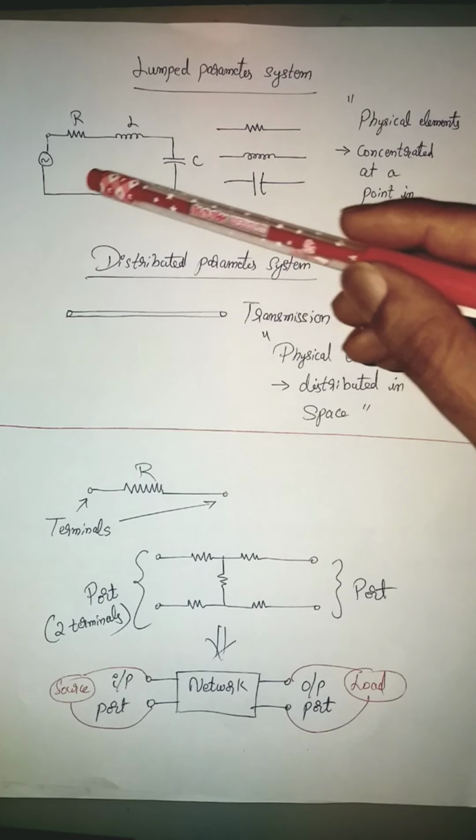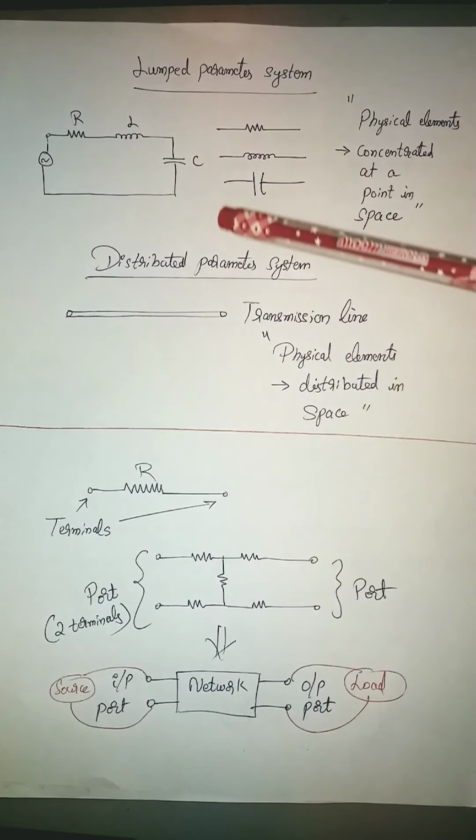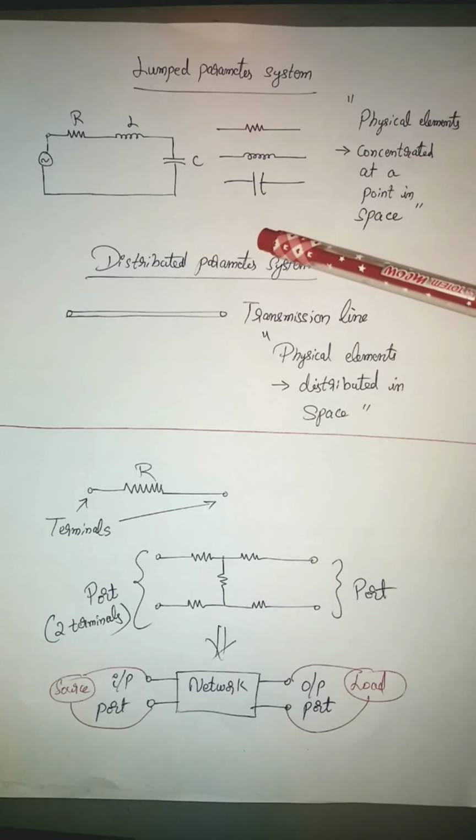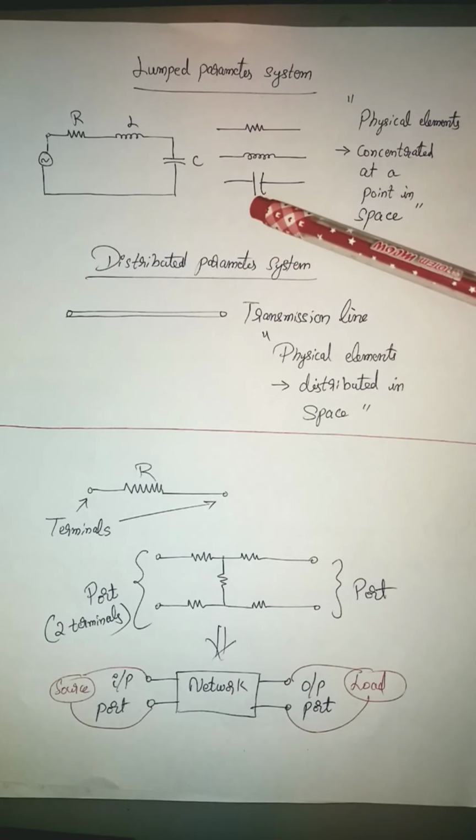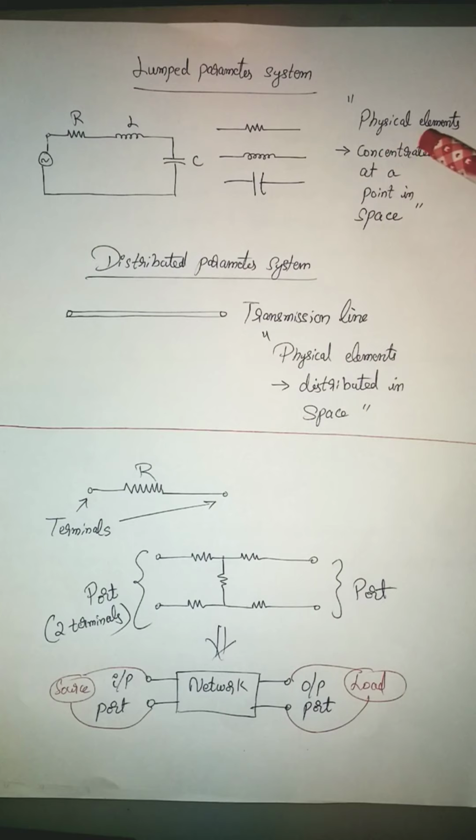So already lumped and distributed parameter system you would have studied in network theory. So just to remind you, the physical elements are concentrated at a specific or a particular point in space. This is the definition for lumped parameter system.